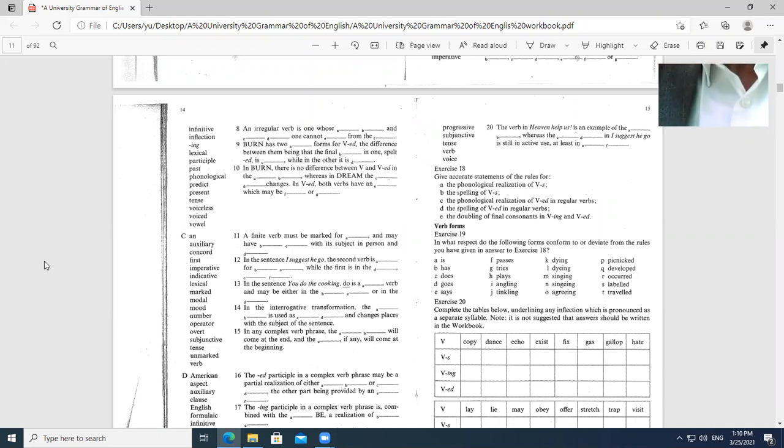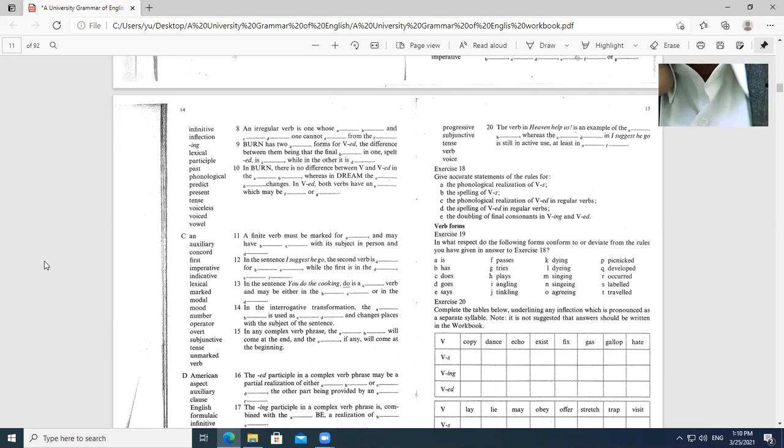Number 8. Okay, I will answer it. An irregular verb is one whose past tense and past participle one cannot predict from the base form, right?